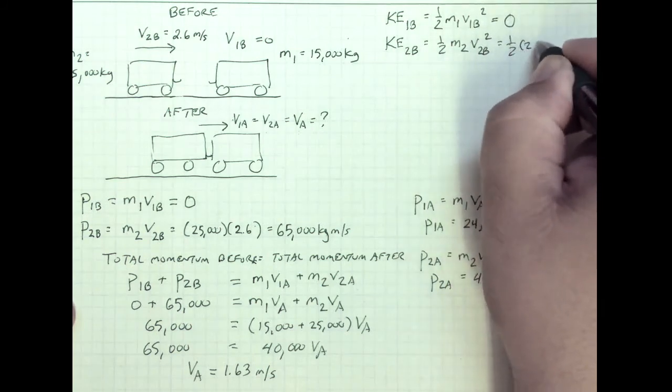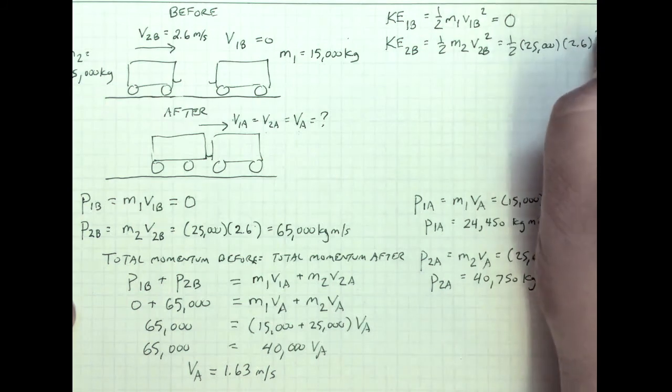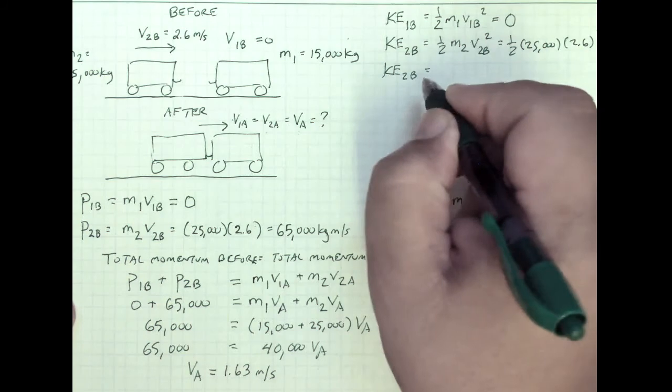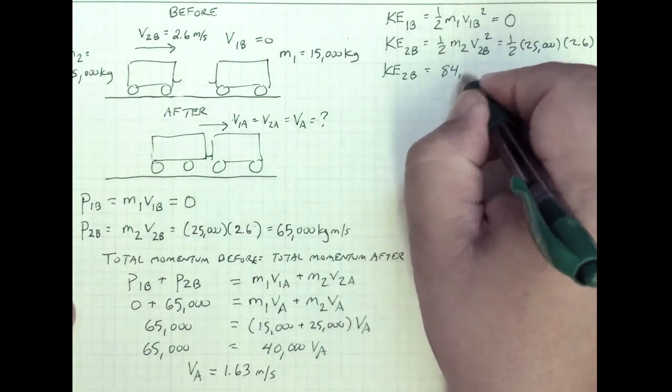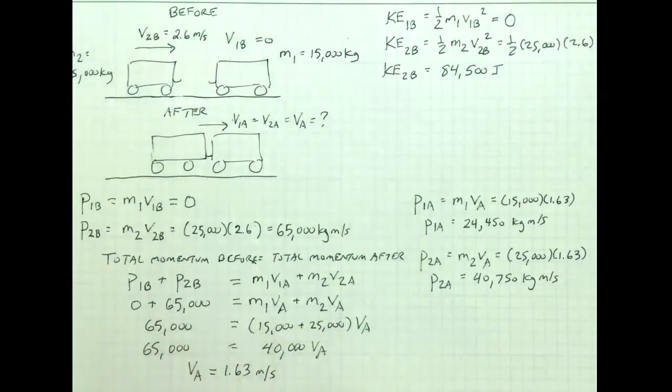That's 1/2 times 25,000 times 2.6 squared. So the kinetic energy of number 2 before the collision is going to be 84,500 joules. So adding the two together, there's a total of 84,500 joules of kinetic energy in the system.